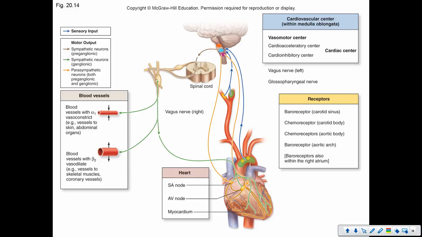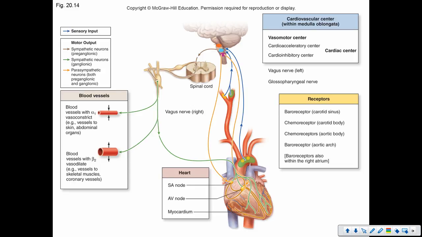Just like we talked about with the heart, the sympathetic versus the parasympathetic divisions of the autonomic nervous system can have an effect on blood vessel diameter. When we look at the sympathetic, which is again in green on this picture, you can see that the sympathetic can cause either vasoconstriction or vasodilation, depending on what kind of receptors are found on the blood vessels.